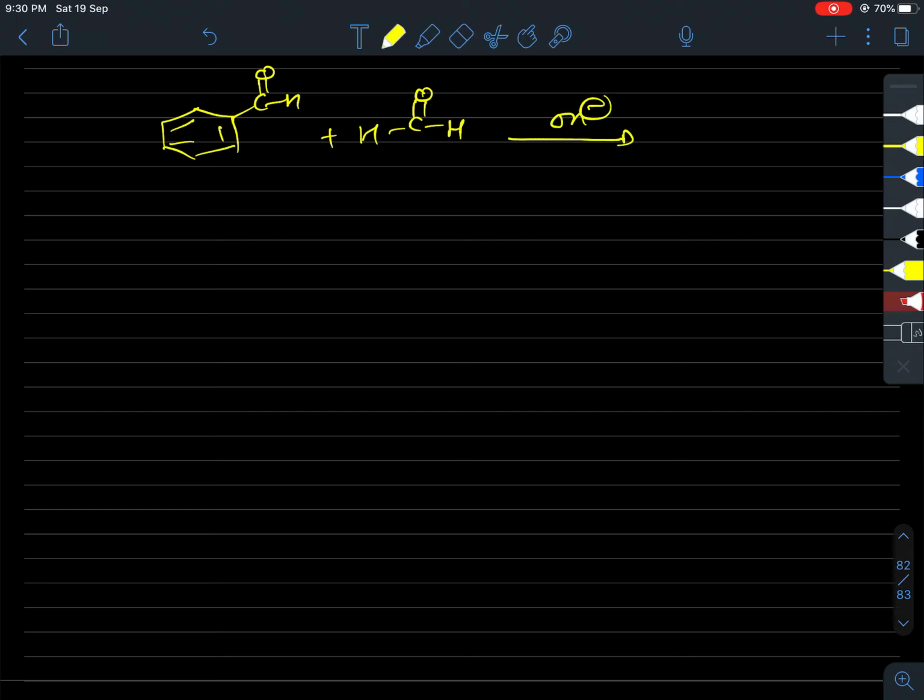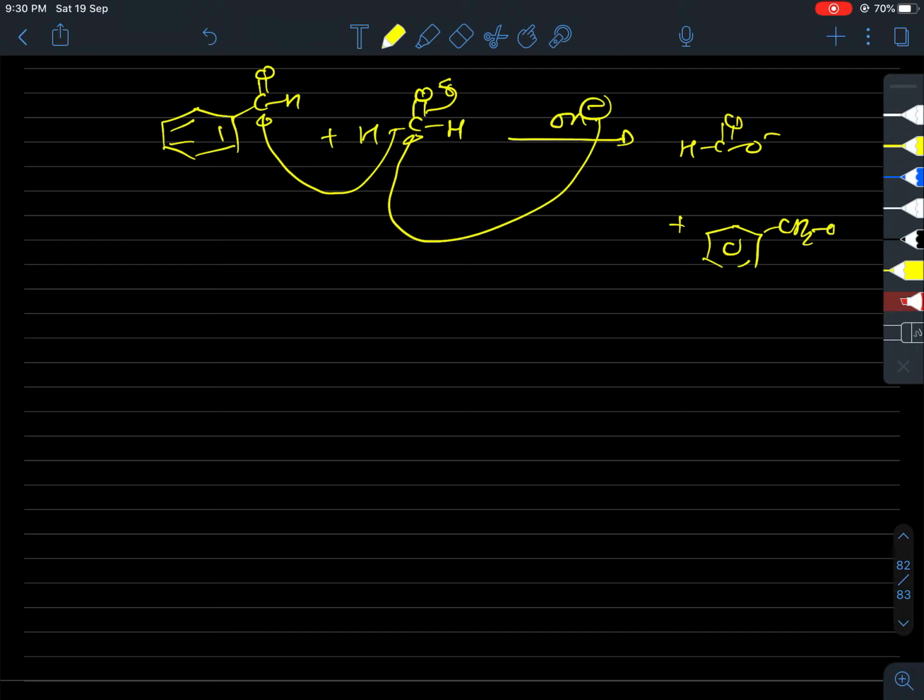The major product is decided because formaldehyde is more reactive than any other aldehyde. So OH minus is going to attack here, this will be O minus and this will transfer. So basically the oxidation is going to happen for this C, and you have to draw the carboxylate part, and the other will be converted into CH2OH alcohol. Reduced part, this is the oxidized part: carboxylic acid, salt of carboxylic acid.